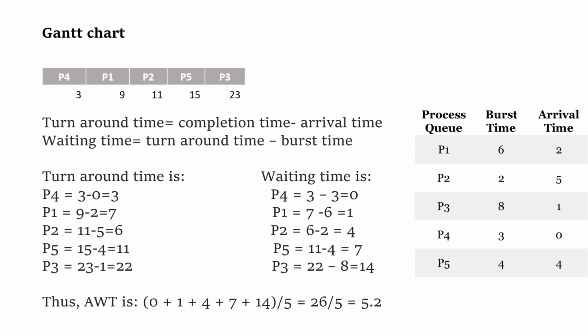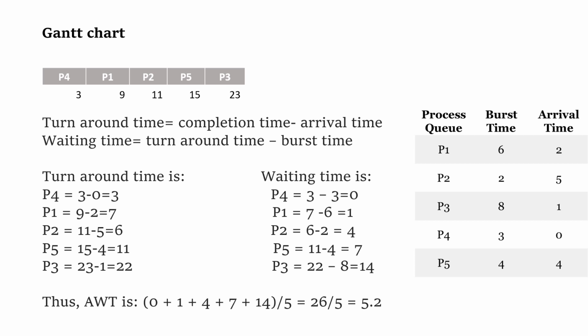Then based on the formulas for turnaround time and waiting time, turnaround time for process P4 is calculated as completion time 3, which we get from the Gantt chart, minus arrival time, which we see from the table. Similarly, waiting time for the process is calculated.